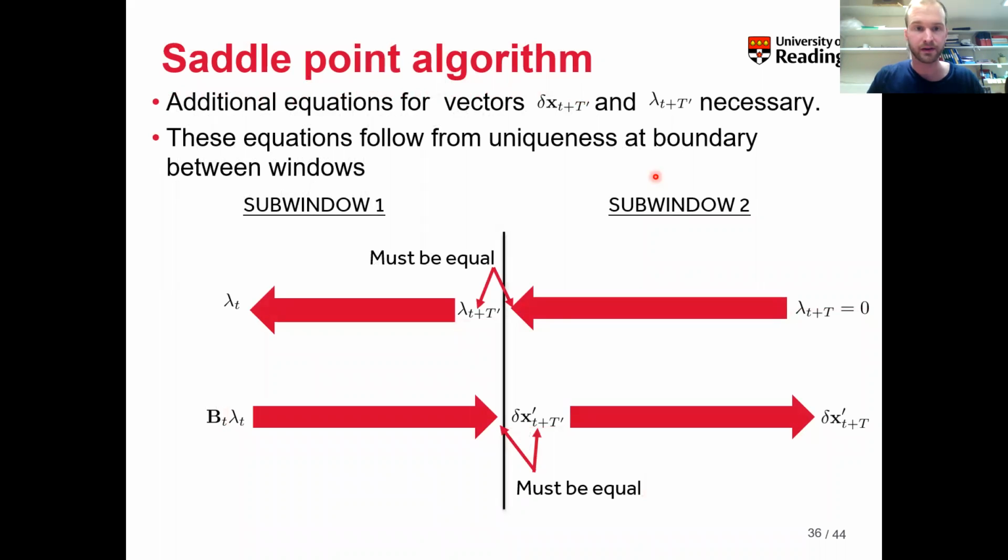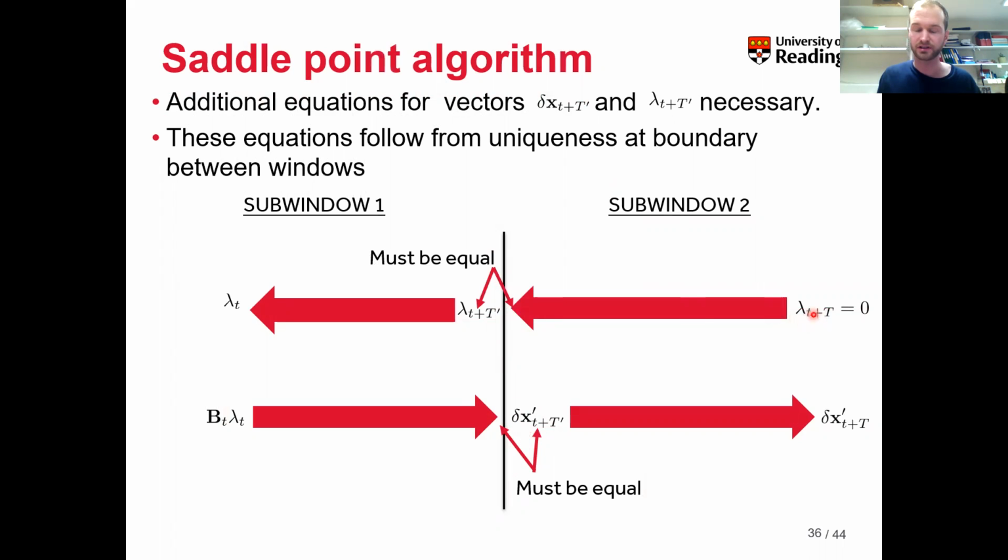And if you use the sweep algorithm as preconditioner, as I just did, it turns out that the additional equations are nothing more than the demand that your adjoint and your data assimilation correction are continuous at the interface between the subwindows.